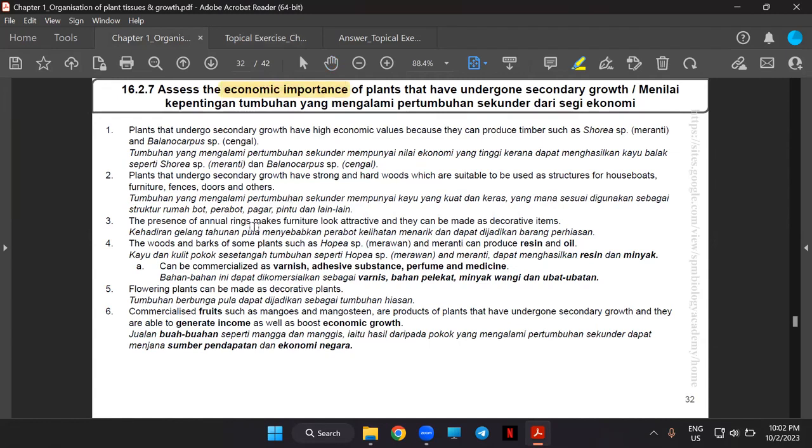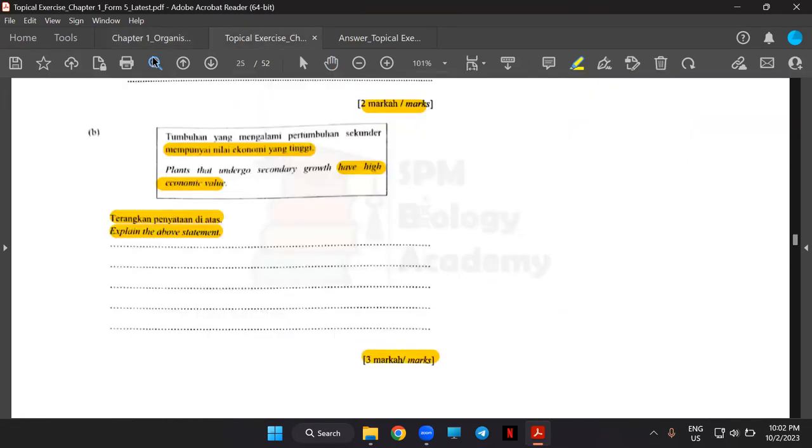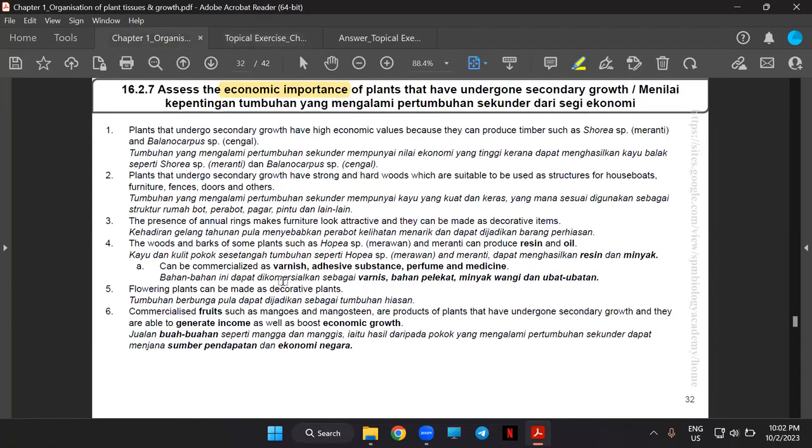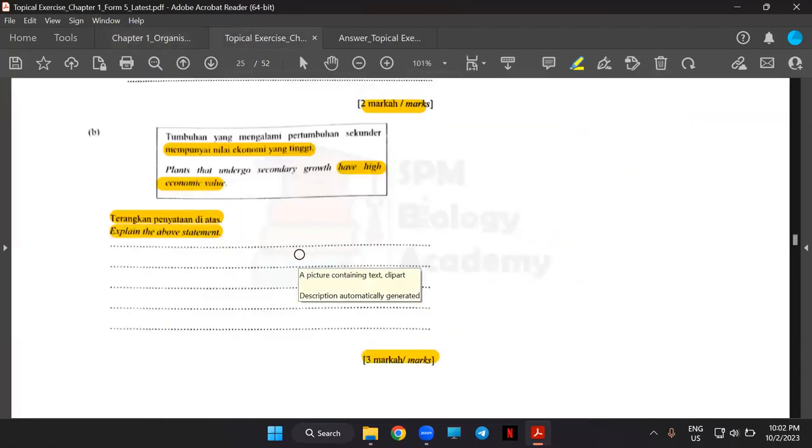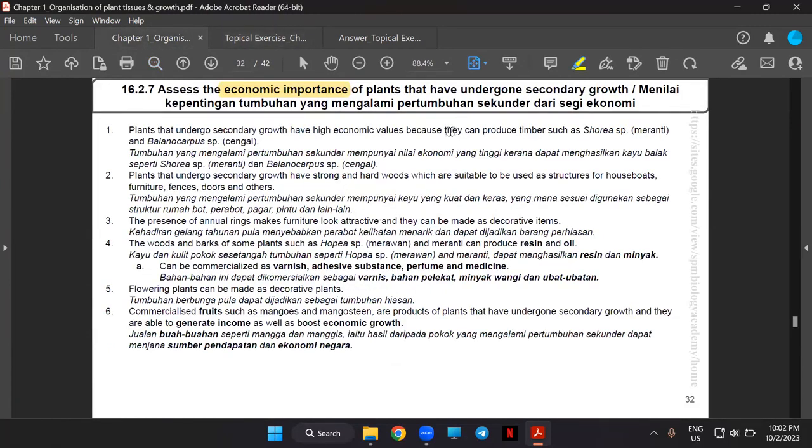Okay, now let's see, berapa markah tadi? 3 markah. Okay, you can write this. They can produce timber. Dapat menghasilkan kayu balak. 1 mark. 1 markah.